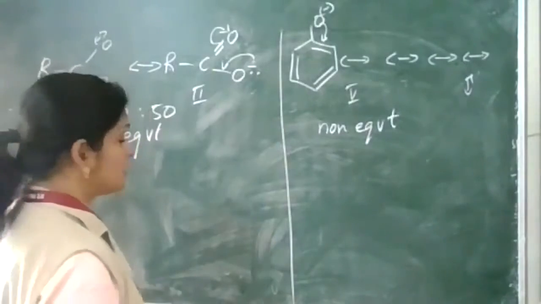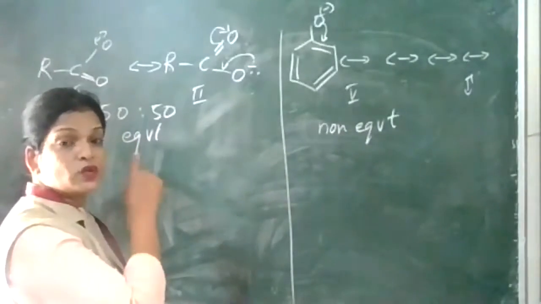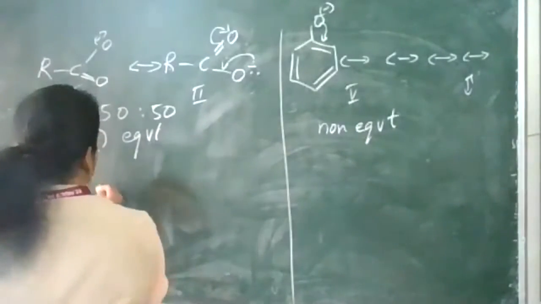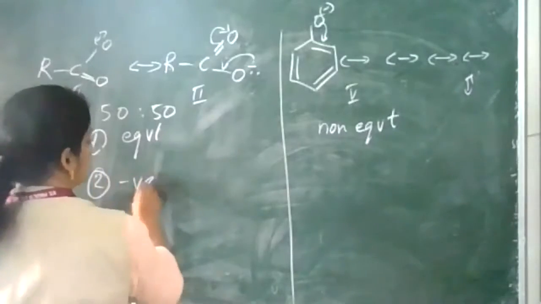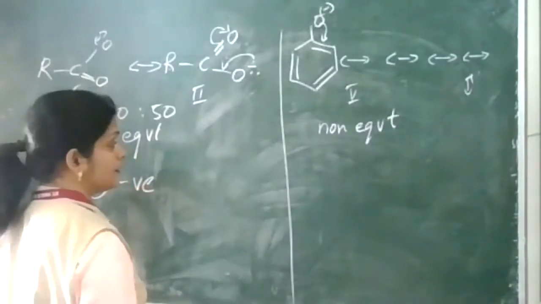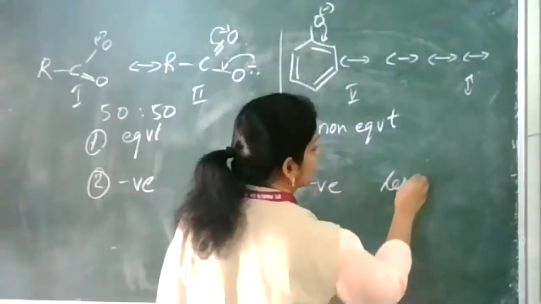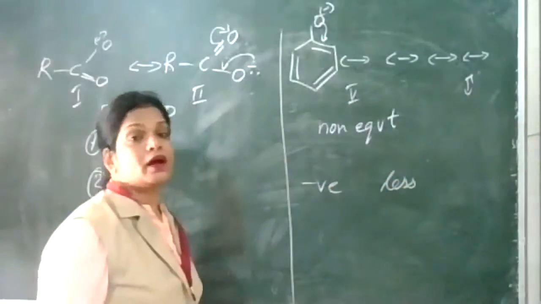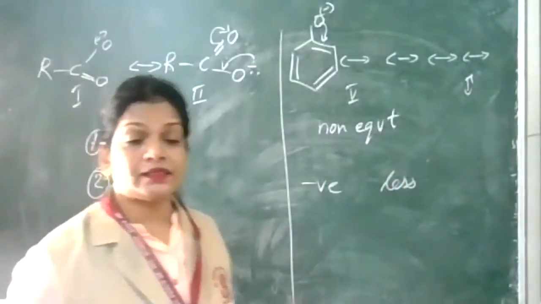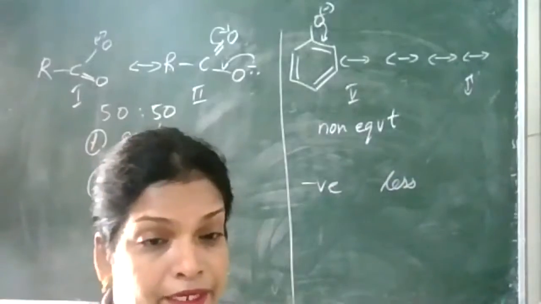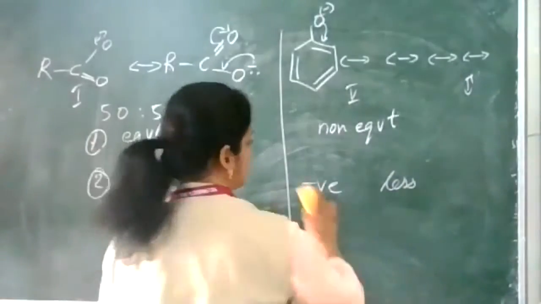So what are the reasons? These have equivalent resonance structures, and number 2, the negative charge is on electronegative oxygen, while in phenoxide it is on less electronegative carbon. So carboxylate ion is more stable than phenoxide ion, so carboxylic acid is more acidic.